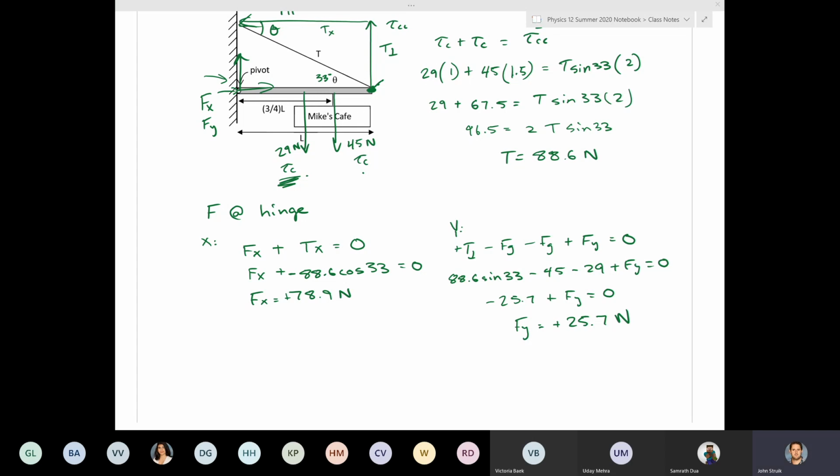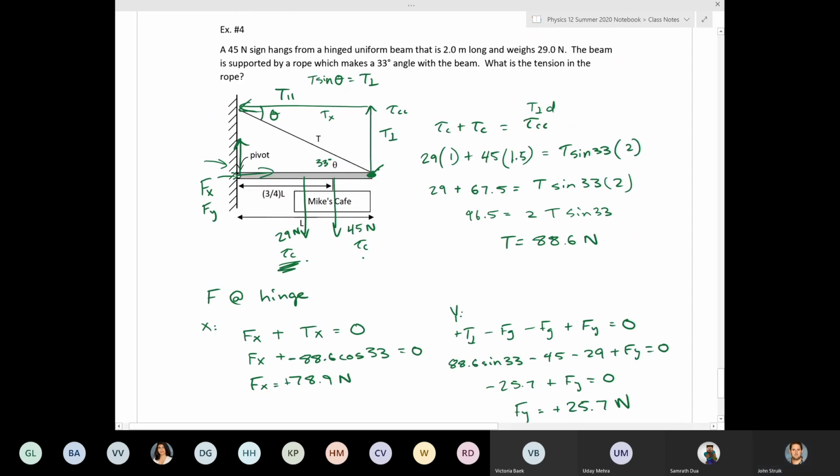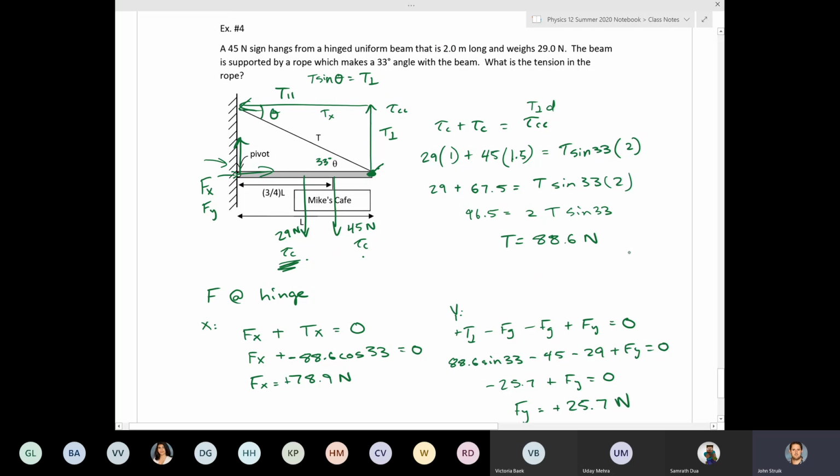Let's see, could you explain how you got T, the tension? The 88.6? Yes. Okay, so I kind of need to start over in order to do that.